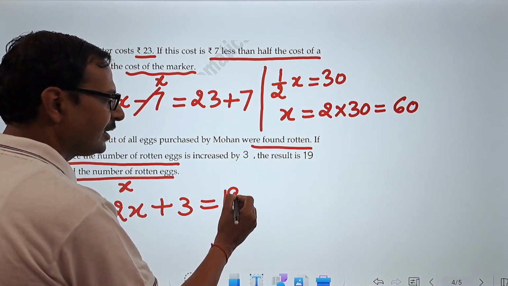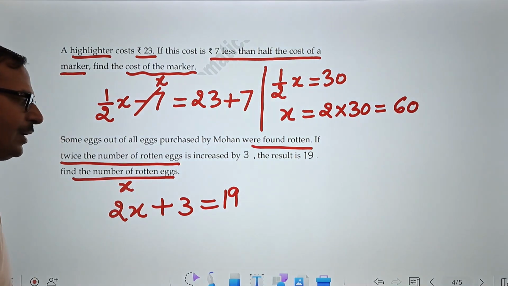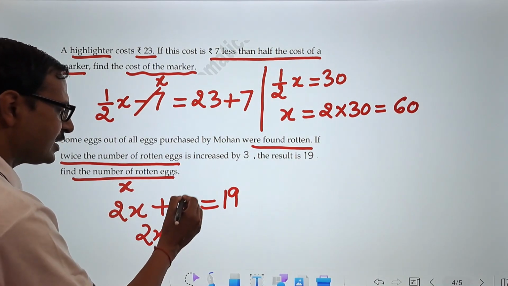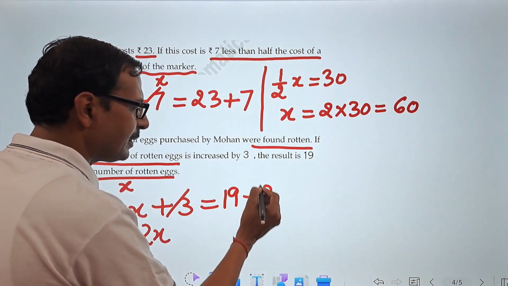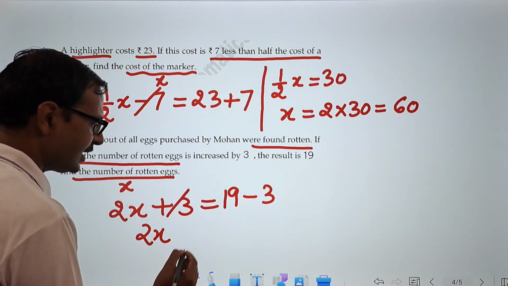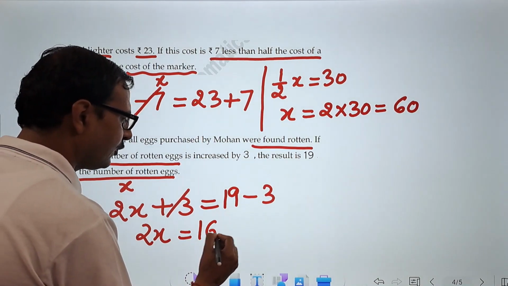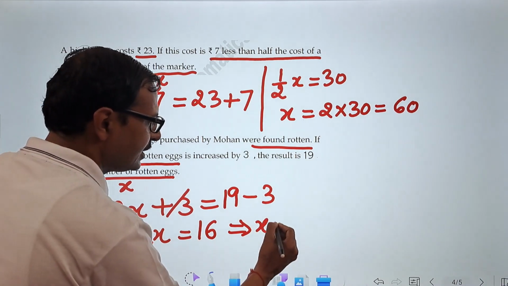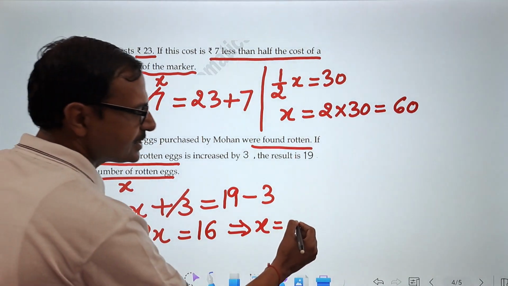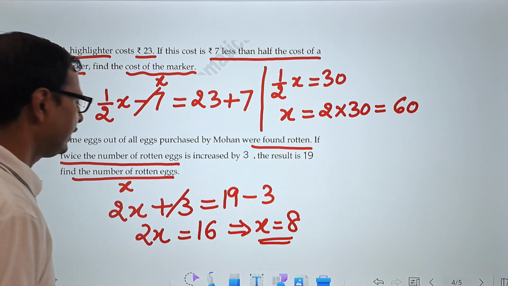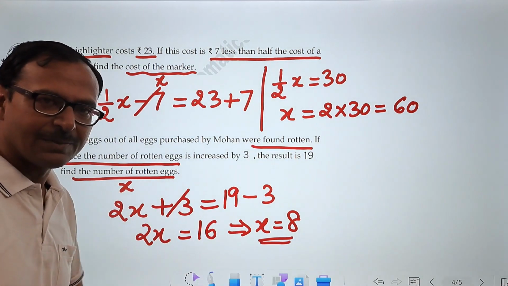Pretty easy, one of the simplest equations. So 2x plus 3 switches to the other side, becomes minus 3. 19 minus 3 is 16, and therefore the value of x will be 16 upon 2, which is 8, and therefore the number of rotten eggs is 8.